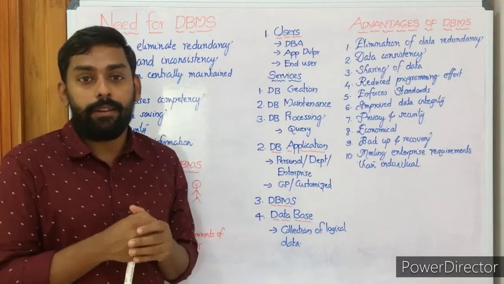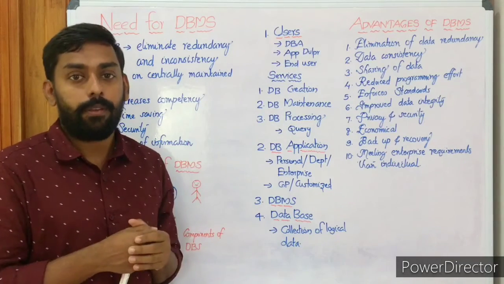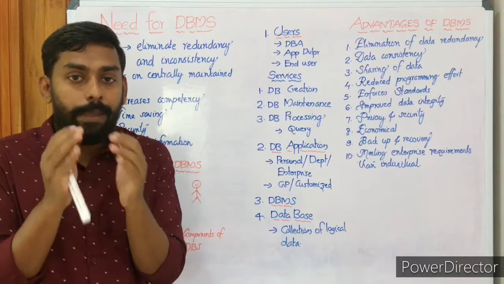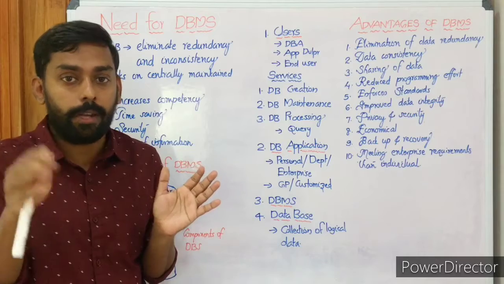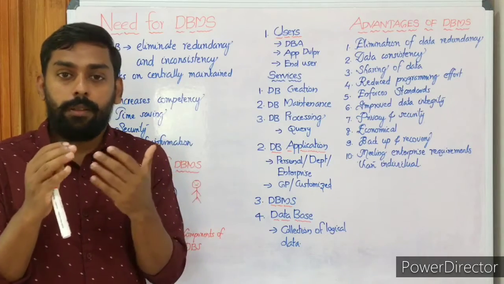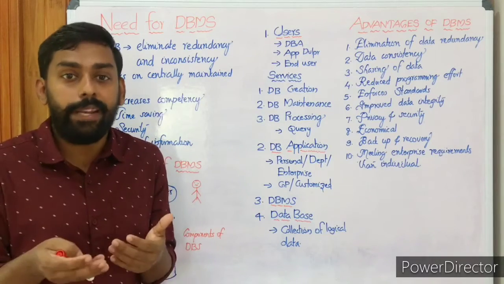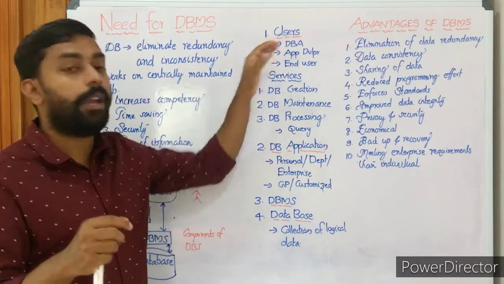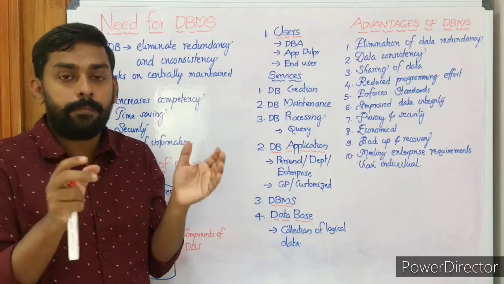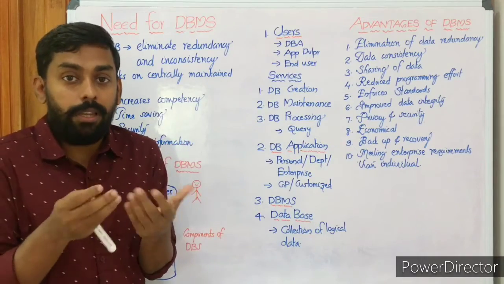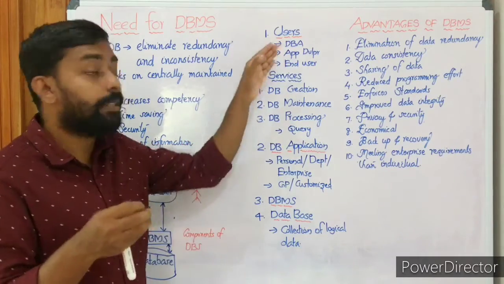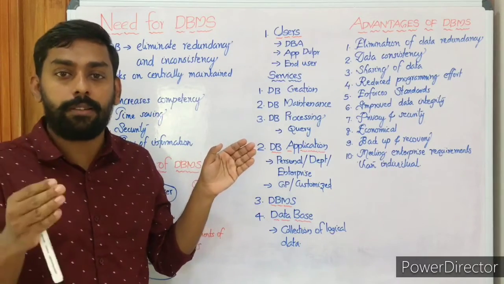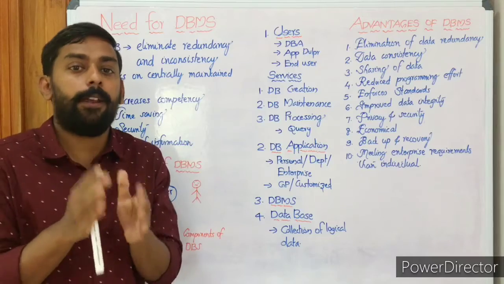Who is a DBA? Database administrator. The database administrator is the topmost position managing the database and database related programs. He is the most qualified, most experienced staff of an organization or a company, highly qualified, plus having a number of years of experience, who is responsible for all types of problems and operations related to the database.